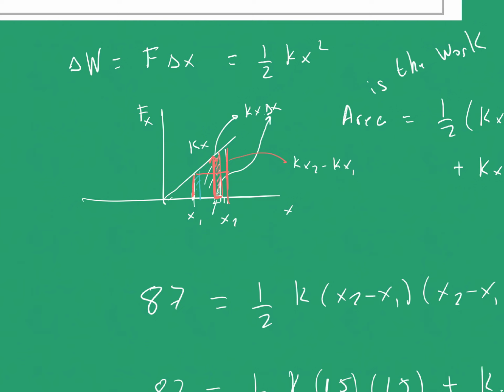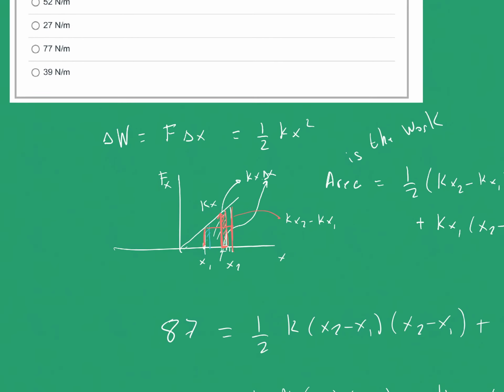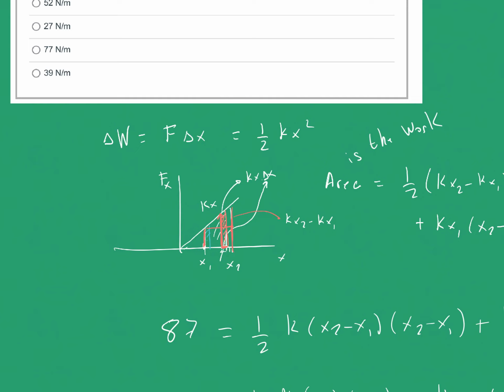So the force is not constant. The force varies with position, not with time, with position. When we talk about work, we talk about forces acting on position, acting on the displacement, and the force acting on the displacement, force by displacement, makes a change in the kinetic energy.